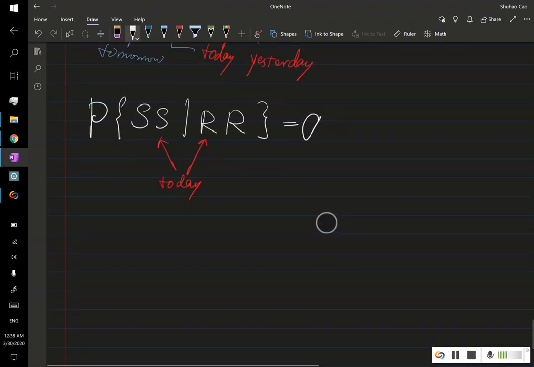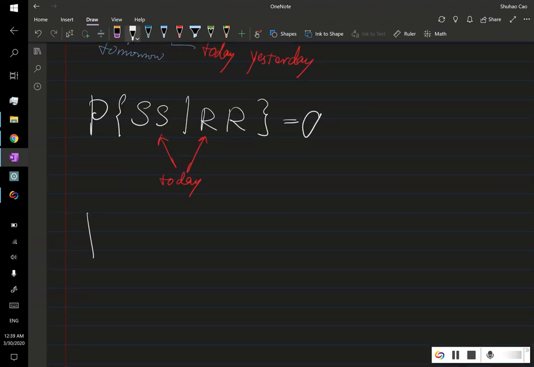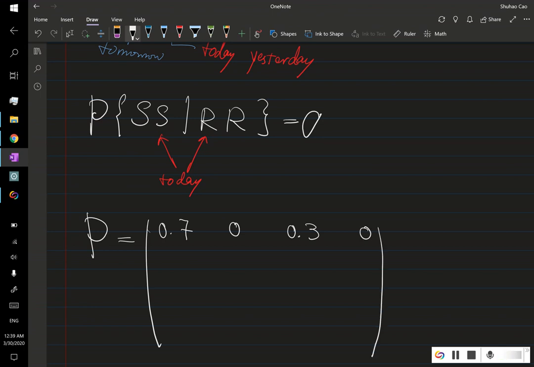Using the following logic, I'm going to write down the full transition probability matrix. We just verified our first row is 0.7, 0, 0.3, 0.